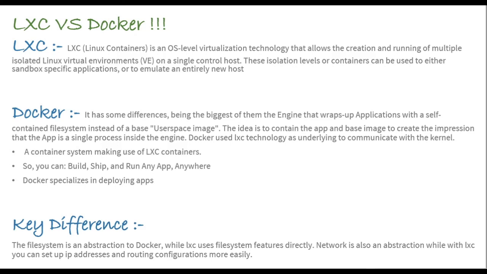Network is also an abstraction, while with LXC you can set up IP addresses and routing configurations more easily. That's the reason why I like LXC over Docker, because you can set up your IP addresses, you have direct access to the storage, and it actually emulates an entirely new host. Whereas in Docker, you get a NATed IP and you have no direct access to the storage.